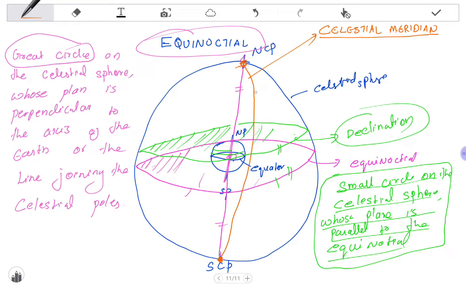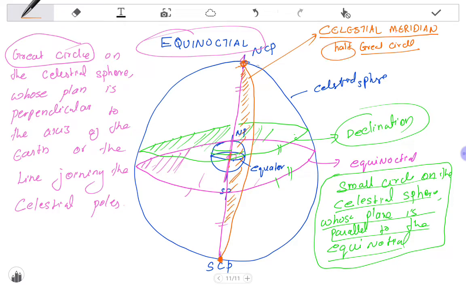So this celestial meridian is a half semicircle, a half great circle. Why is it a great circle? Because it also has a plane that is passing through the center of the Earth.